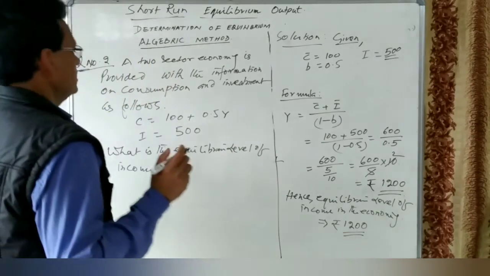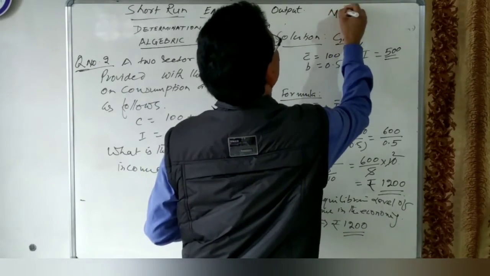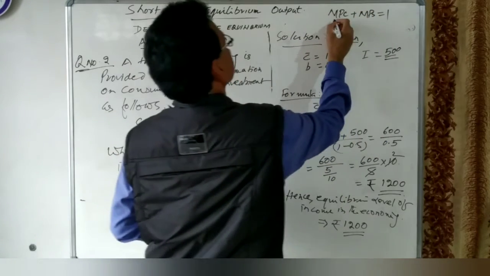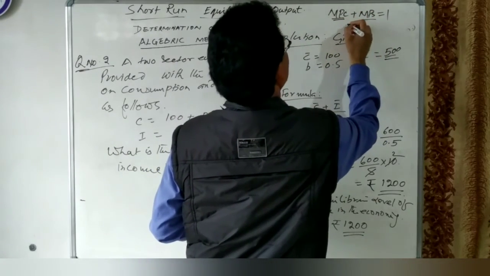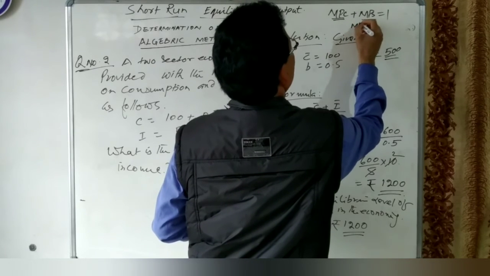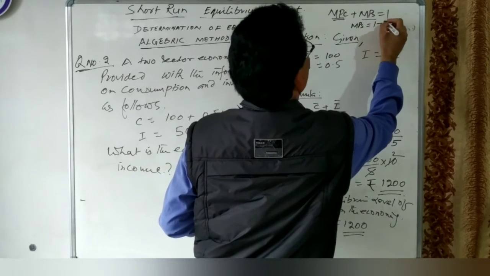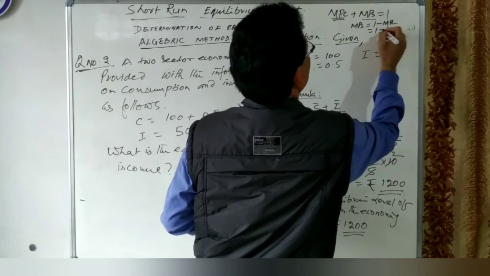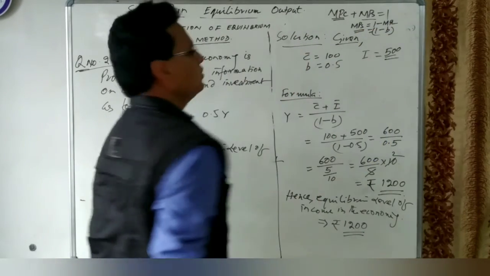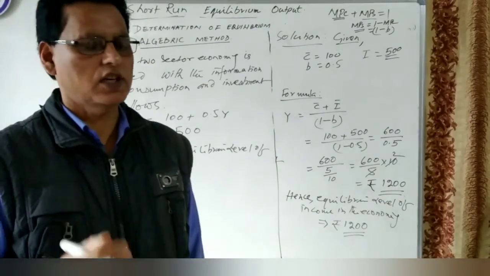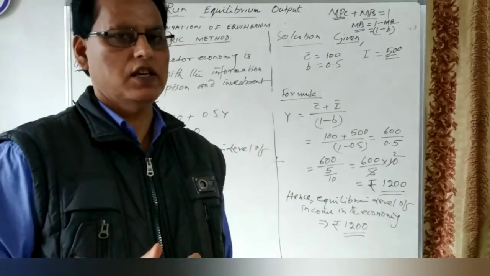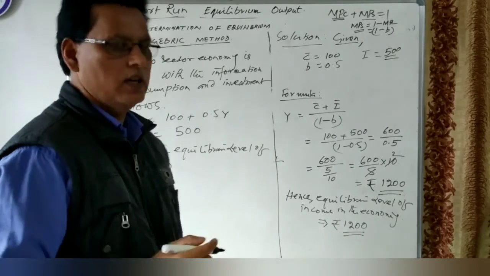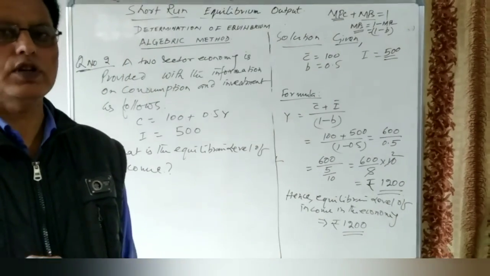One concept you know: MPC plus MPS is always equal to 1, where MPC is denoted by B. So MPS is also equal to 1 minus MPC, which means 1 minus B is equal to the marginal propensity to save. So sometimes in the examination the marginal propensity to save is given and you are asked to calculate the equilibrium level of income. I think it's clear to all of you. Okay, thank you.